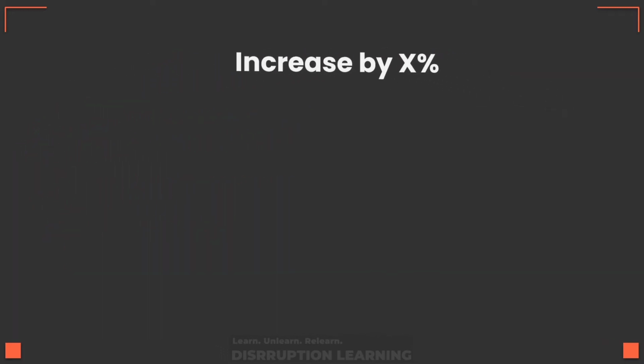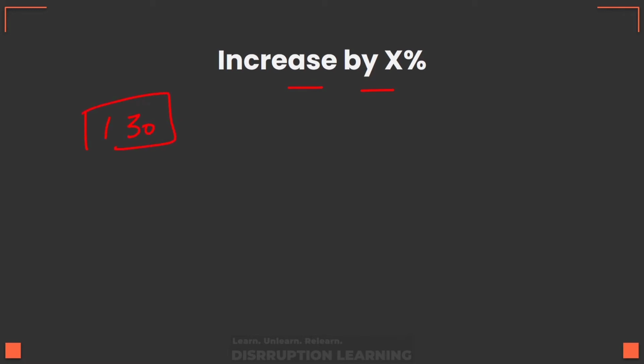Now the next application is to increase a particular number by x%. For this, let's assume that a student says that he has scored 130 marks in his first semester exams. Now he also says that he would increase his marks by 20% in the next semester. So how many marks will he score in the second sem?